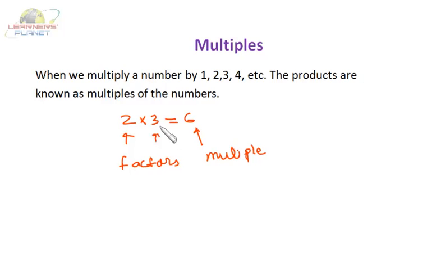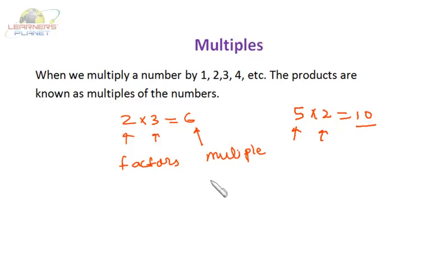That means 2 and 3 are the factors of 6, or we can say 6 is a multiple of 2 and 3. Let's take one more example. 5 into 2 is 10. So 5 and 2 are the factors of 10, or we can say 10 is a multiple of 5 and 2.